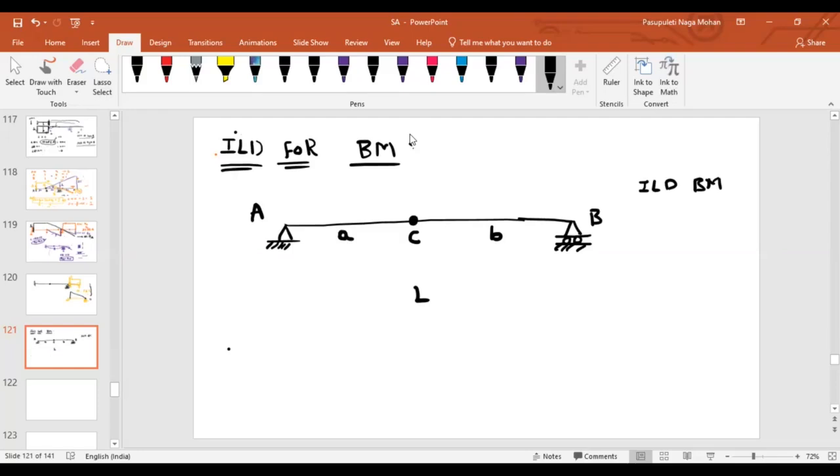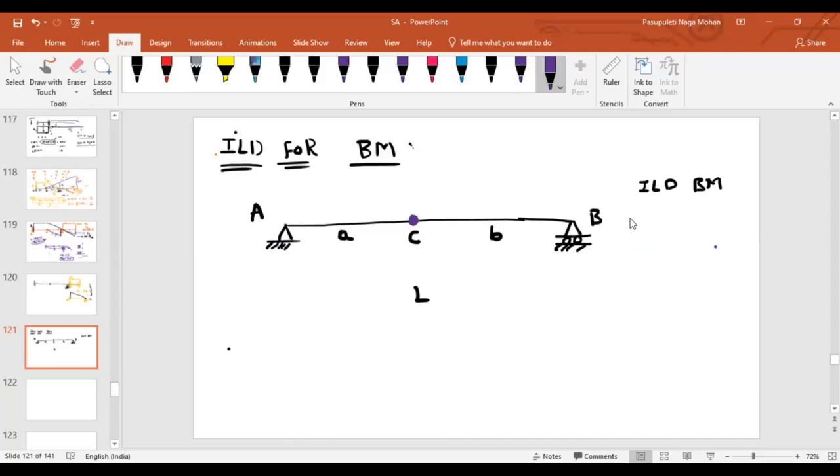I should release that force, isn't it? How can I release the bending moment? By placing a hinge. Wherever you want to draw ILD for bending moment, you have to place a moment hinge there. Then the bending moment will be equal to 0.